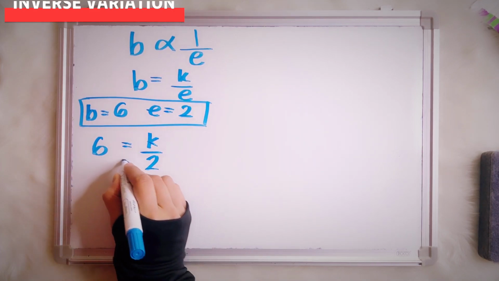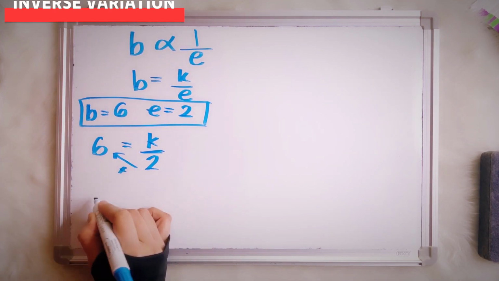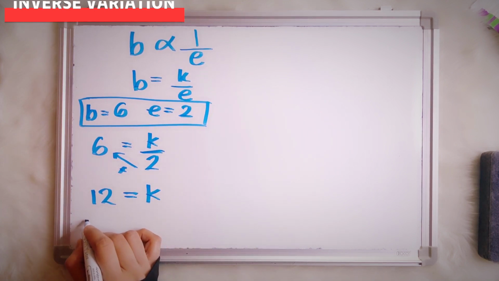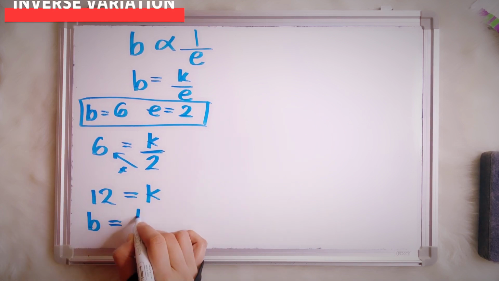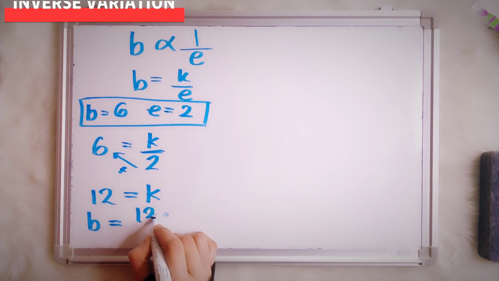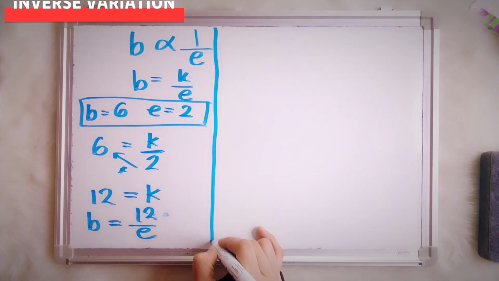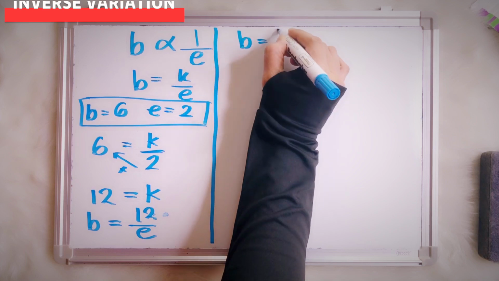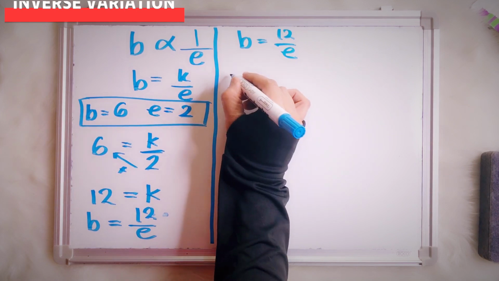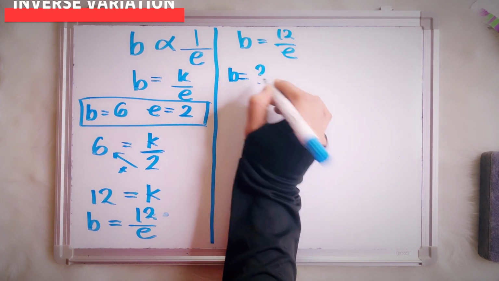Now you have to multiply, correct? Because this is divide. The opposite of divide is multiply. So 6 times 2 is 12, equals K. So your new equation now is B equals, not K, because we have the value for K, so 12 over E. Now when you don't know your value for B, you have to find it.